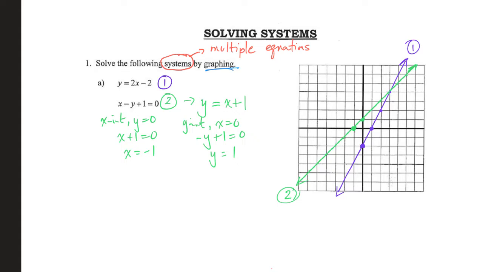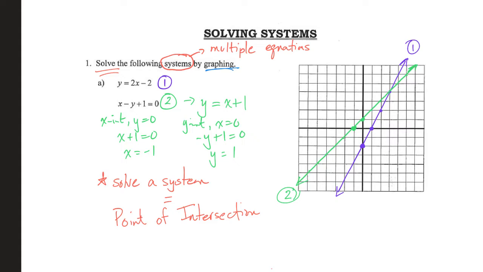Now, for us to put down what that word solve means, I need you to make this note: to solve a system, it's actually the easiest thing. I want you to find the point of intersection.